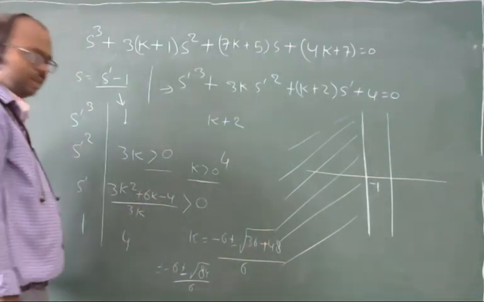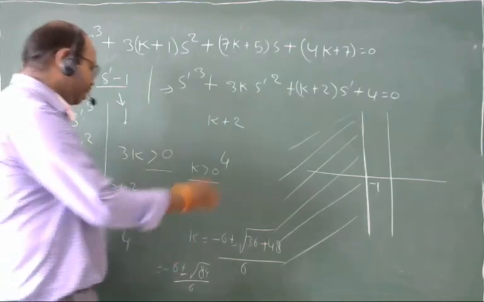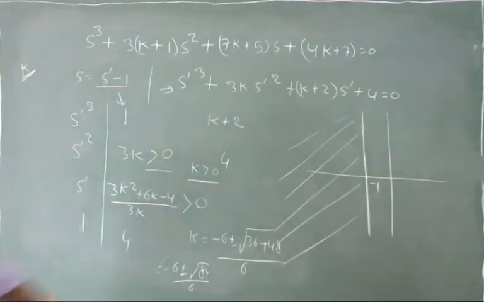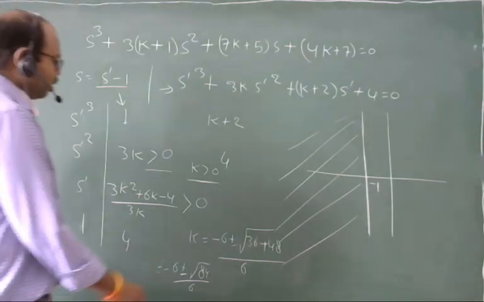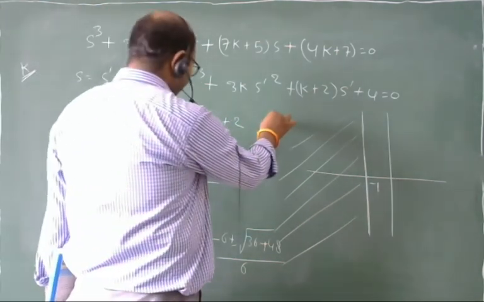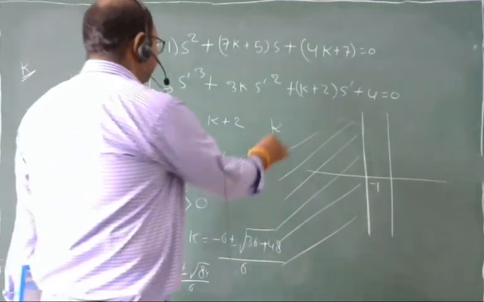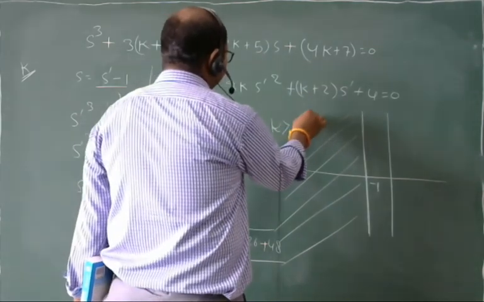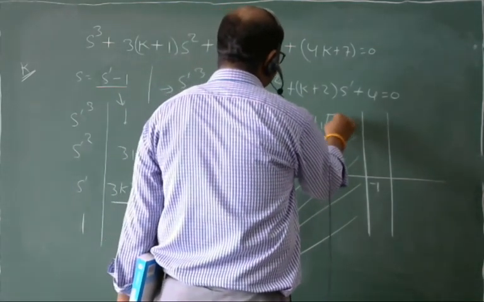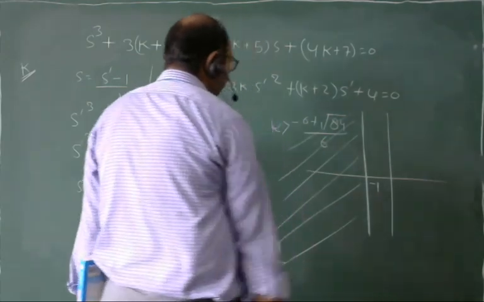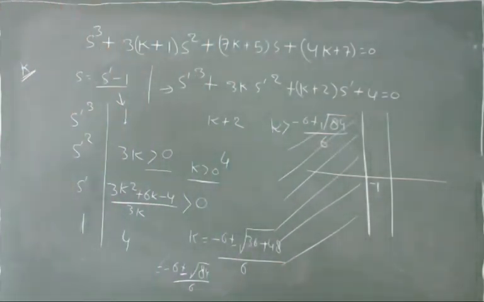Therefore, the range of k should be greater than (minus 6 plus under root 84) divided by 6. This is the range of k for this question, right?